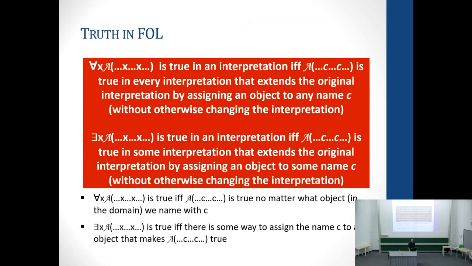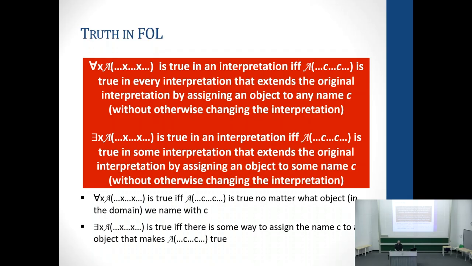We can then say that a universal claim is true in an interpretation if and only if, when we plug in a name in place of the variable, it doesn't matter what object C is assigned to, it will still come out true. Basically, again, the complicated version of saying you can replace the variable with any object you like. Similarly, we can say that the existential is true in an interpretation if and only if there's even one instance where we substitute in a name that makes it true.